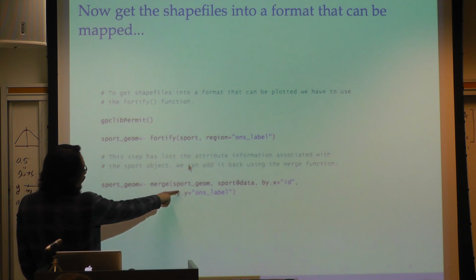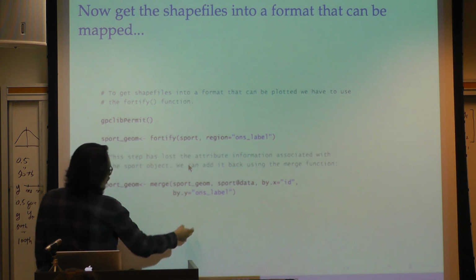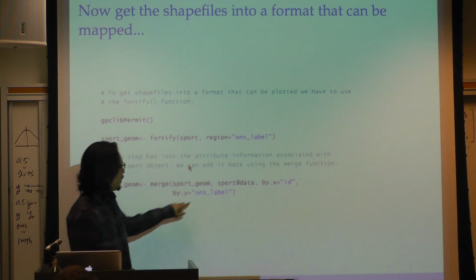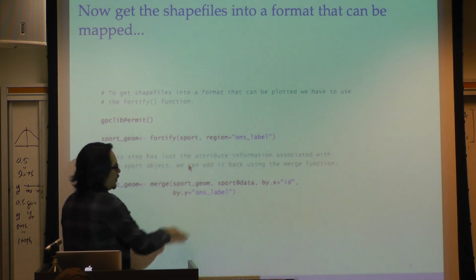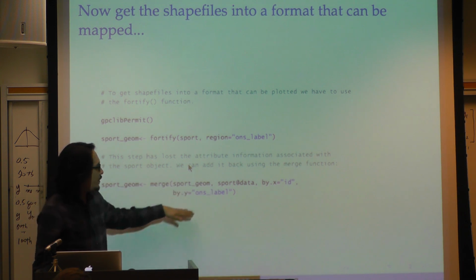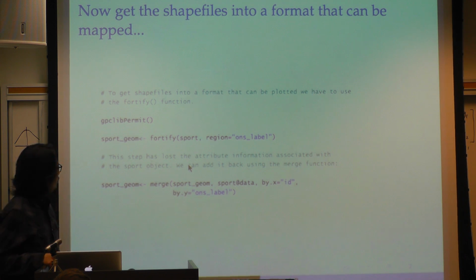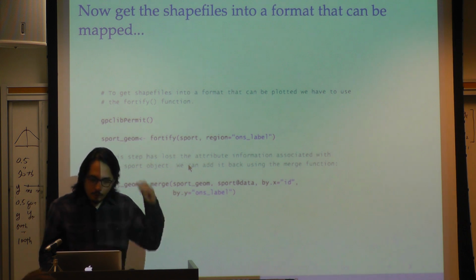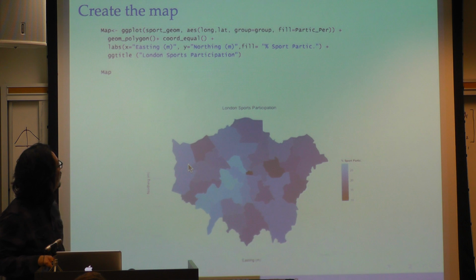And then you have to merge the data attributes from the sport object with the new object created using the coordinates, which are going to be basically the identifier, or the name of the polygons, and save it in the same sport geom object. Okay, so this is the way it looks.